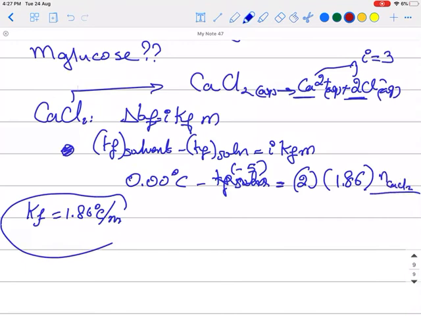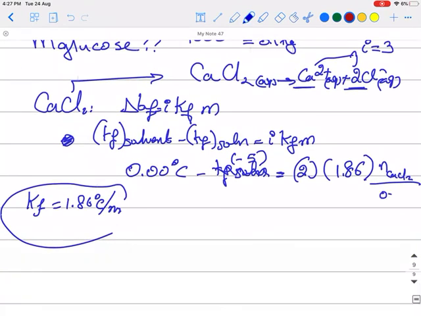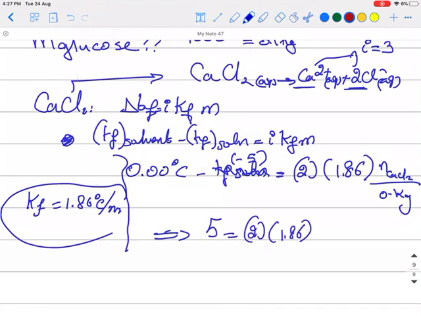What is the molality? It's the number of moles of calcium chloride over the mass of water in kilograms. Given the mass of water in grams, I will divide it by 1,000. It will be 0.1 kilogram. So continue: 0 minus -5, so 5 equals 3 times 1.86 times the number of moles of calcium chloride over 0.1 kilogram.